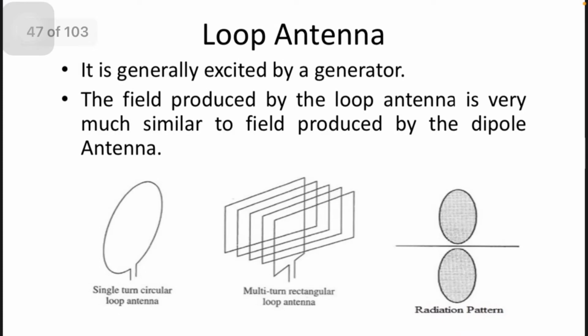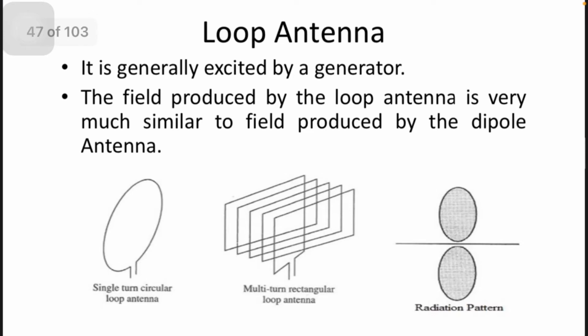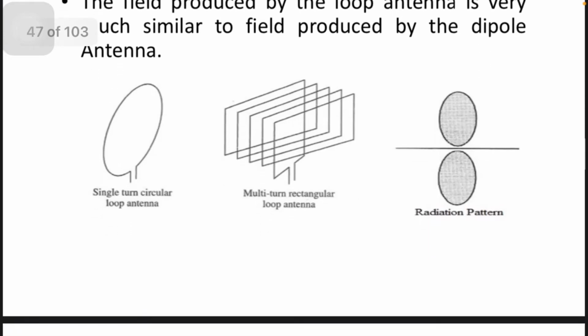Loop antenna is generally excited by a generator. The field produced by the loop antenna is very similar to the field produced by the dipole antenna. Here we have some structures of single turn circular loop antenna, multi-turn rectangular loop antenna, and radiation pattern.